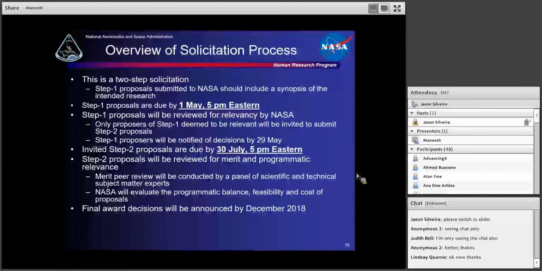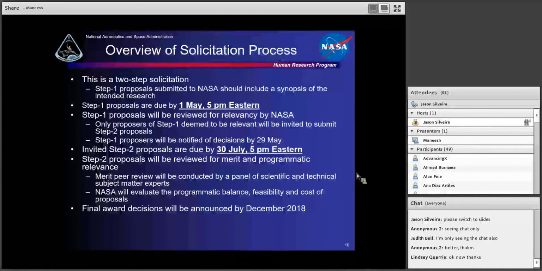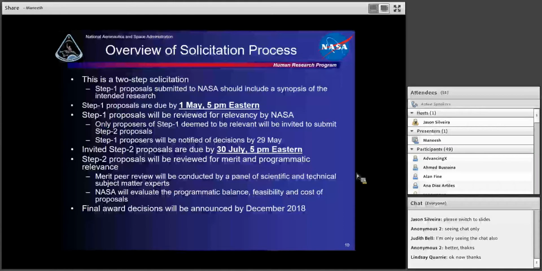These proposals will be reviewed for merit as well as programmatic relevance. The peer review panels will be conducted by scientific and technical subject matter experts, and then NASA will evaluate the programmatic balance, feasibility, and cost of all of those proposals.